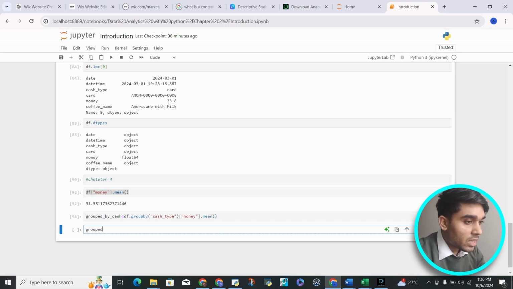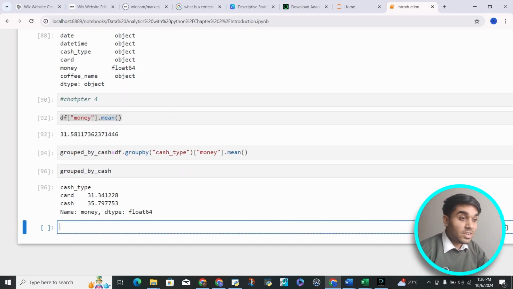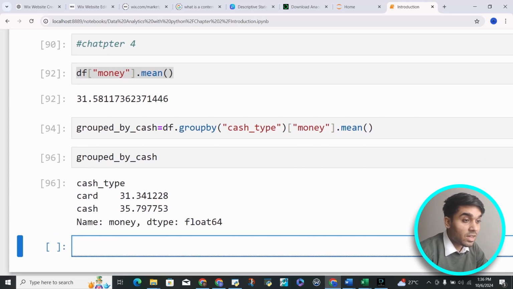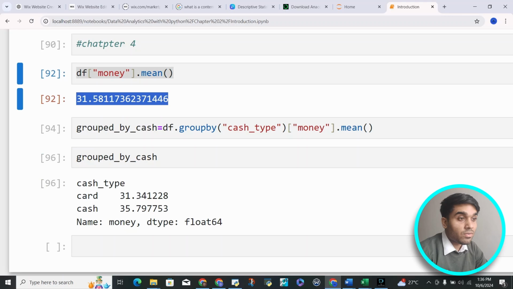Now in the next line, I'll write to give me this value, and you can see when I'm going with group by cash, the average transaction value is much higher for cash as compared to card. When we were getting the entire transaction value of 31.58, we can see it is very close to card.